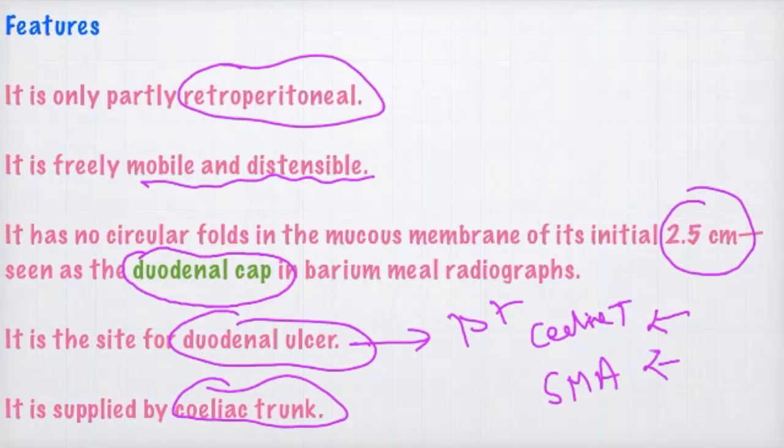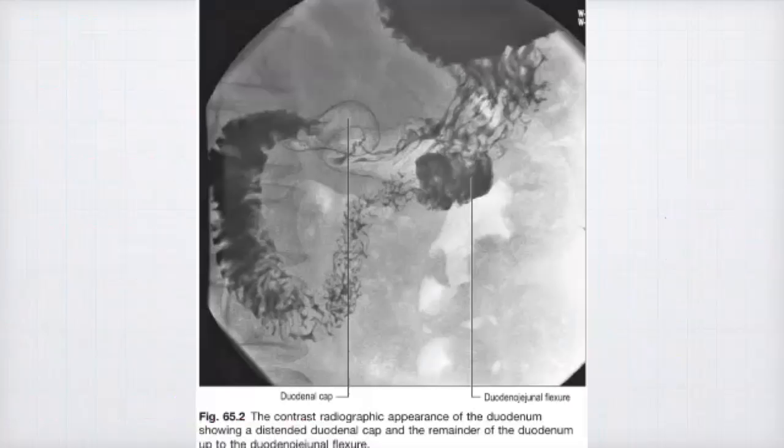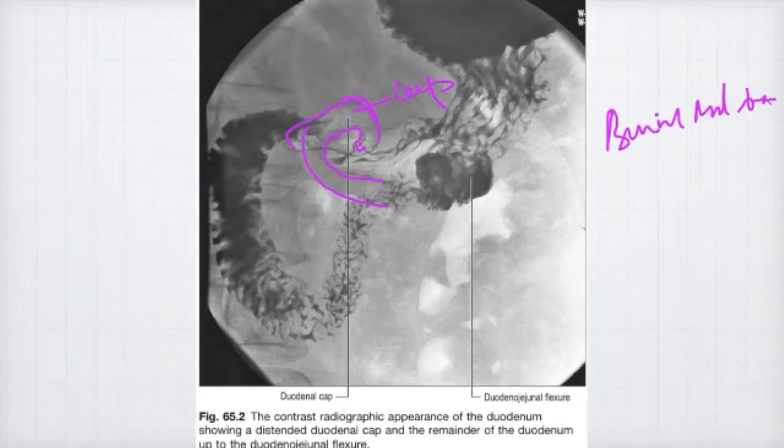So the duodenum receives arterial supply from both the celiac trunk and the superior mesenteric artery, right? So you see, this is the barium meal X-ray. You see the duodenum, right? This is the whole of the duodenum, right? So this one is called the cap, the duodenal cap, right?